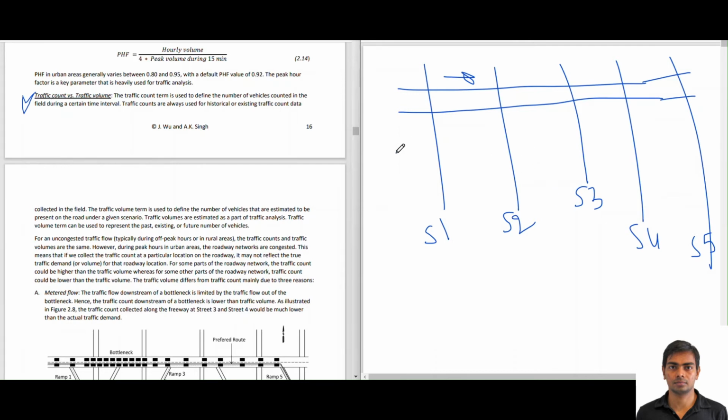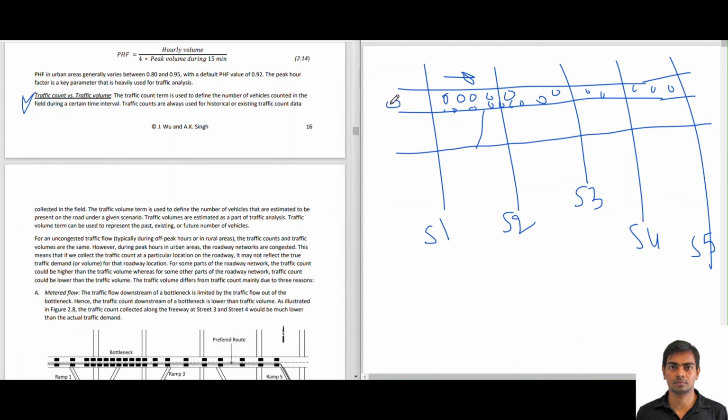So this is my arterial here, and let's say during peak hour there is a lot of traffic here. There is an entrance ramp which has caused a bottleneck here, and downstream of it there are some vehicles which are moving almost freely.